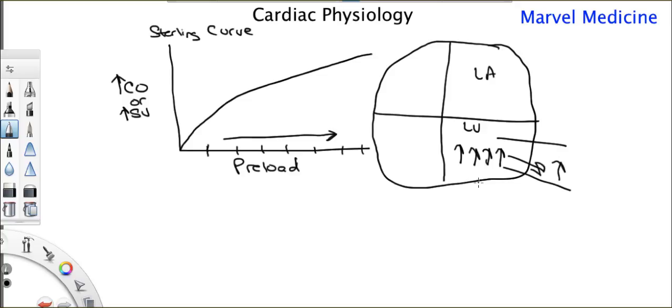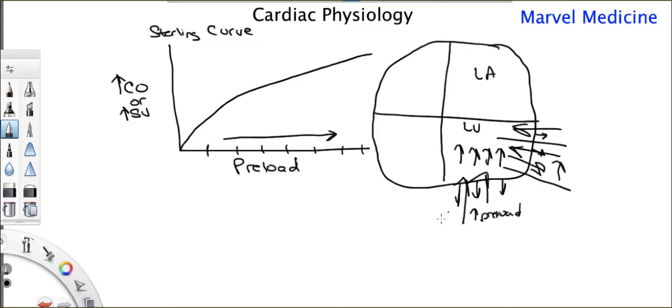Why? Because of the stretching forces on the ventricle. There's a law that says that as the myocardium stretches outward because of more volume of blood, as it fills more, as it has more preload, what does it want to do? It contracts back even stronger.